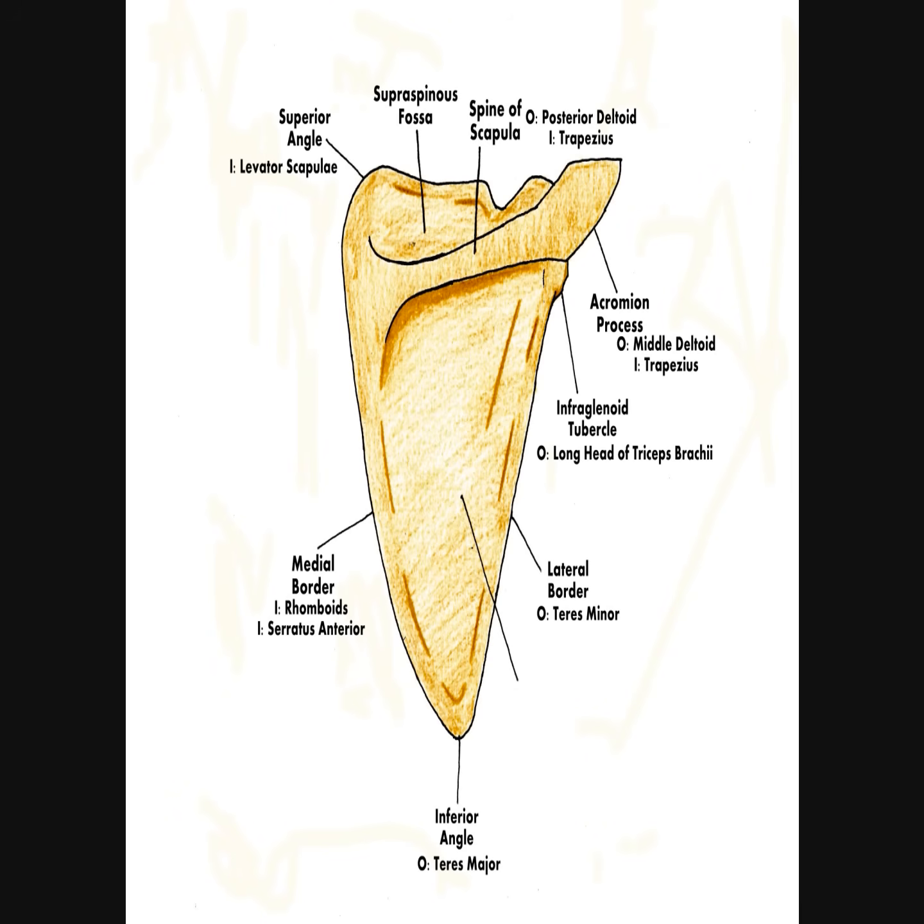So the fossa above the spine of the scapula is the supraspinous fossa. There is one muscle that originates in the supraspinous fossa, and it's really similar to that name. It is one of the rotator cuff muscles. This muscle is responsible for abduction of the shoulder. The muscle that originates in the supraspinous fossa is supraspinatus. Supraspinatus originates in the supraspinous fossa.